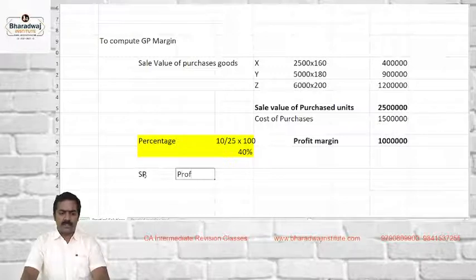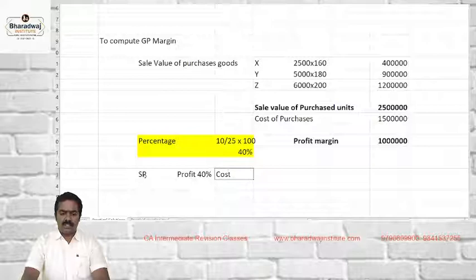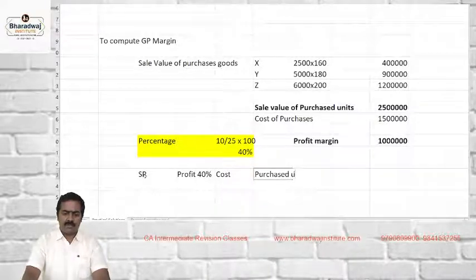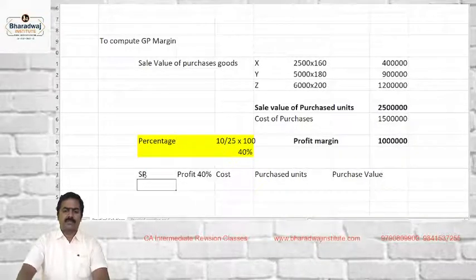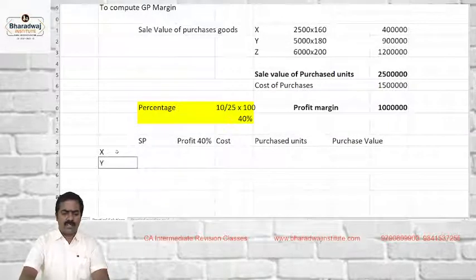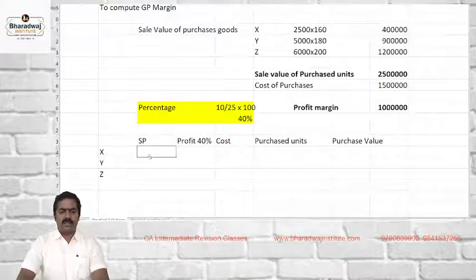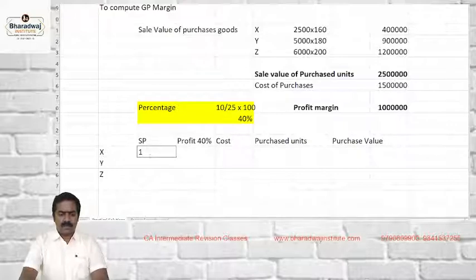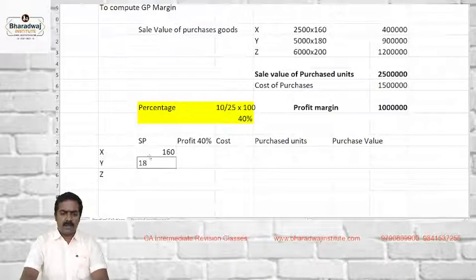Selling price minus profit, that is 40%, will give us cost that we multiply with purchased units. So we'll get purchase value. X, Y, Z. What is the selling price? 160, 180, 200.